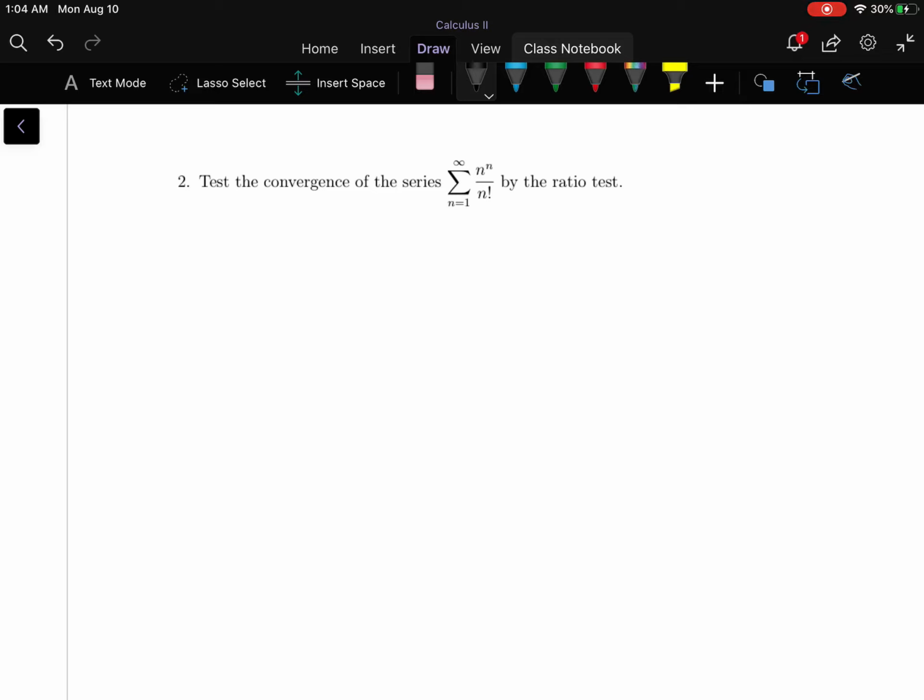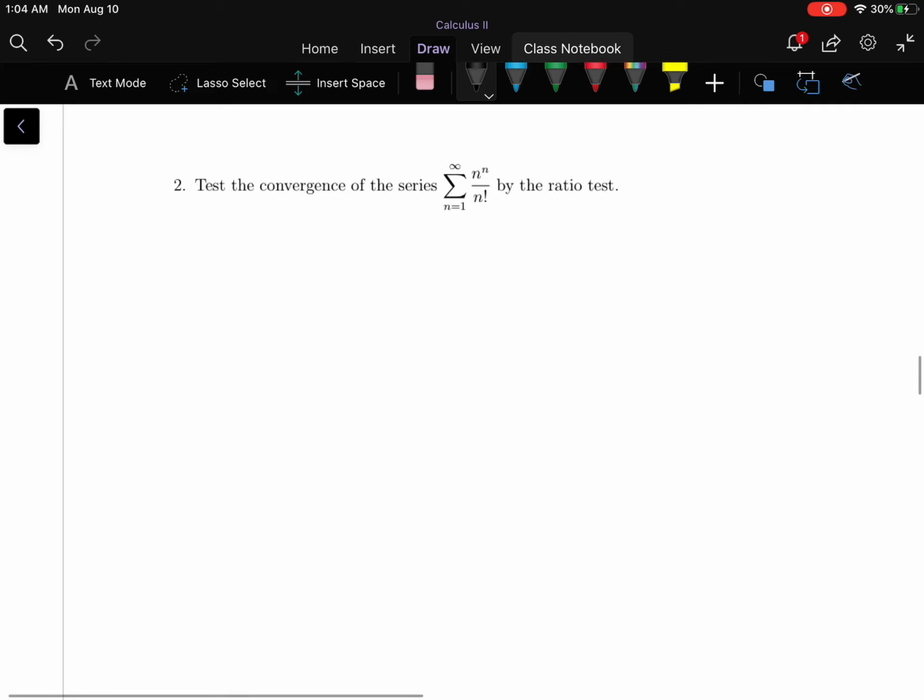Problem 2 is letting us use the ratio test to demonstrate what we might learn. And so here we want to test the convergence of the series n to the nth power over n factorial, and we want to use the ratio test here.